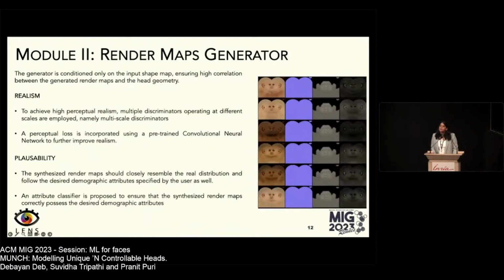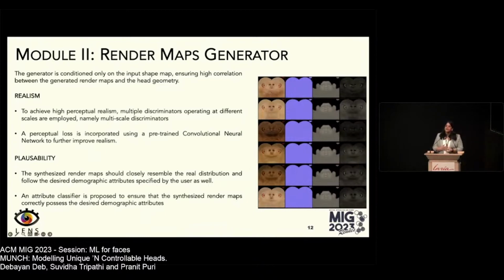Then module 2 was the render maps generator, and in this we specifically focused on using a generator that was only conditioned on shape maps and not the input demographics. So for example, we were not explicitly giving a female generated head or a female, young and Caucasian head. We were not giving these as demographic inputs.